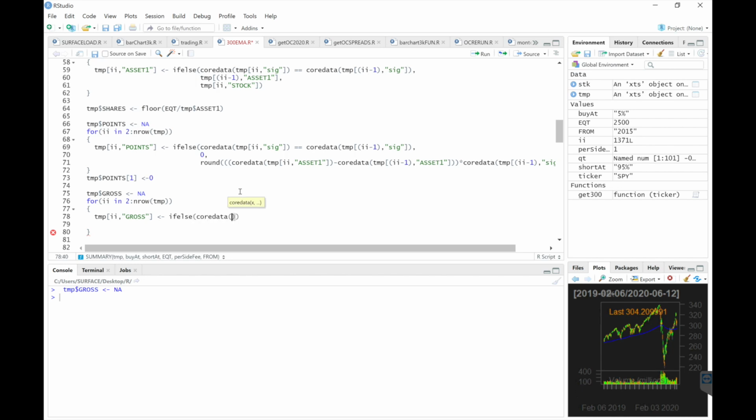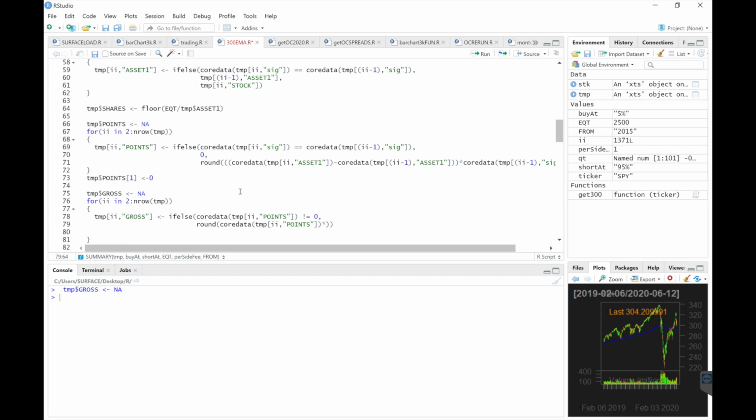So if the coredata temp, iterator, points does not equal 0, I'm going to round coredata temp, iterator, points.